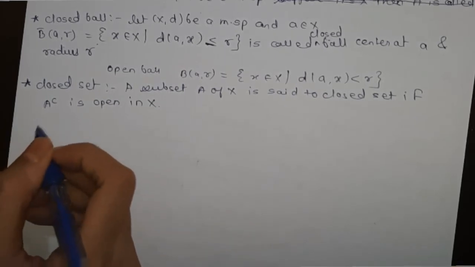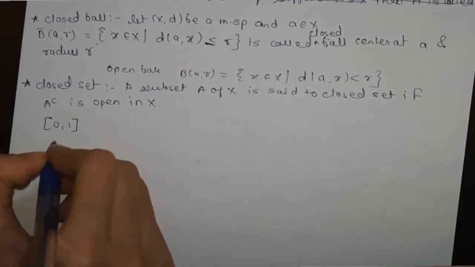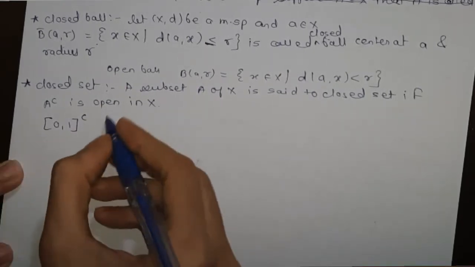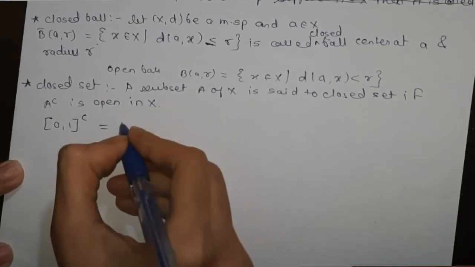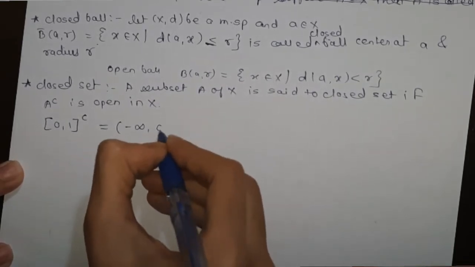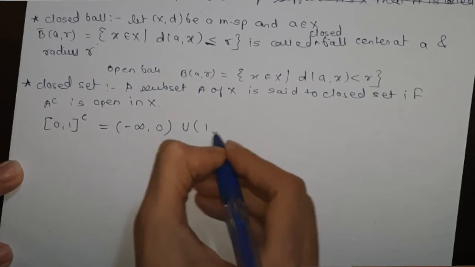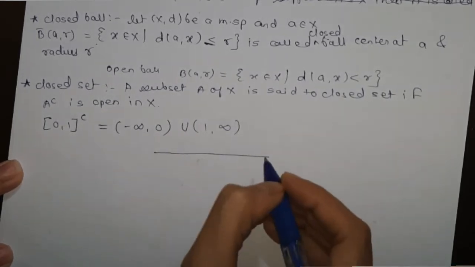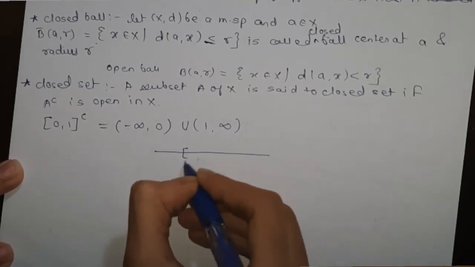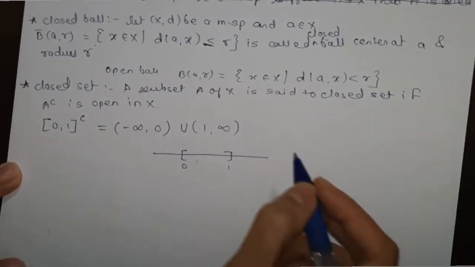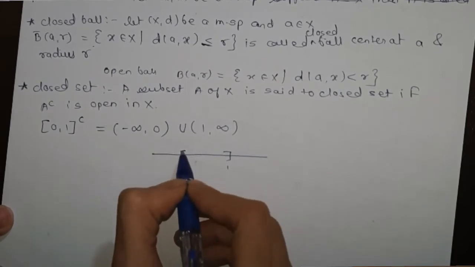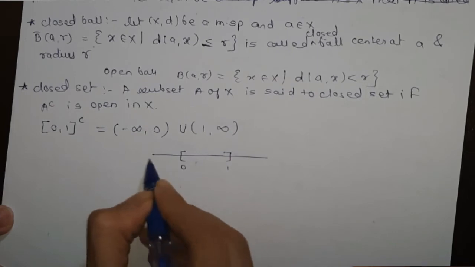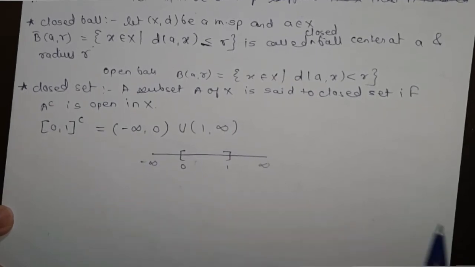Now let's see the example. What is the complement of the closed interval [0, 1]? It is equal to (minus infinity, 0) union (1, infinity). See how you can find this. You can directly draw a line, and you have to find the complement of this. Here you have minus infinity and infinity.